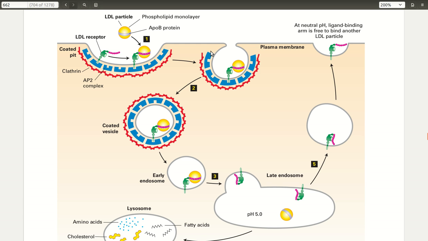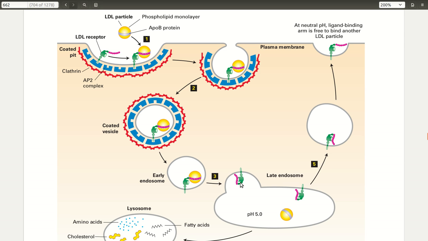the clathrin-coated vesicle, and afterward the protein shell with clathrin will disassemble, and you have now this early endosome vesicle transporting the LDL with its receptor.